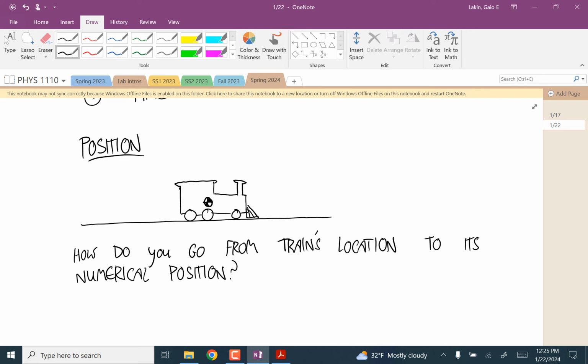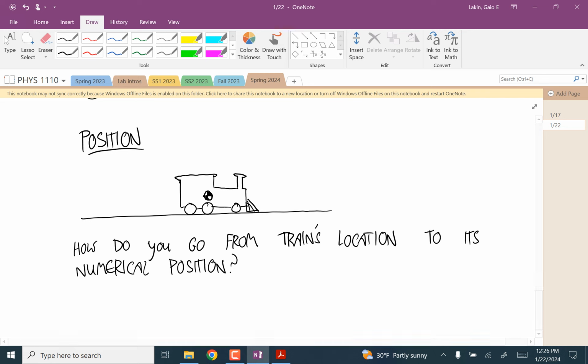Just think about what you would do if you were looking at this train and somebody called you and said, "Where's this train?" How would you tell them where it is? There would be two things you would give them. You would give them a reference, some kind of reference that they presumably know, the 7-Eleven or the train depot or Lake Street or something, and you would give them a direction. If you orient them with a direction and you tell them a reference location, then you can tell them how far away the train is from there.